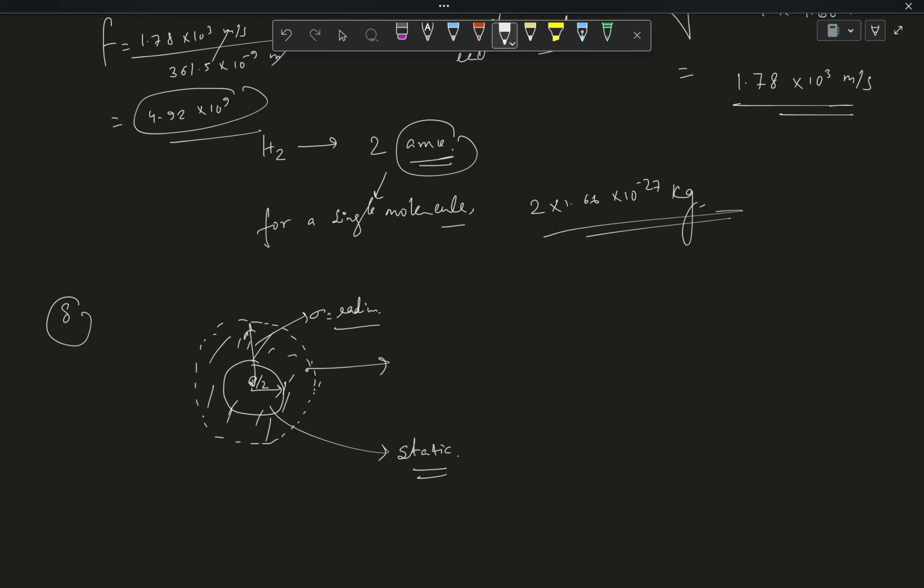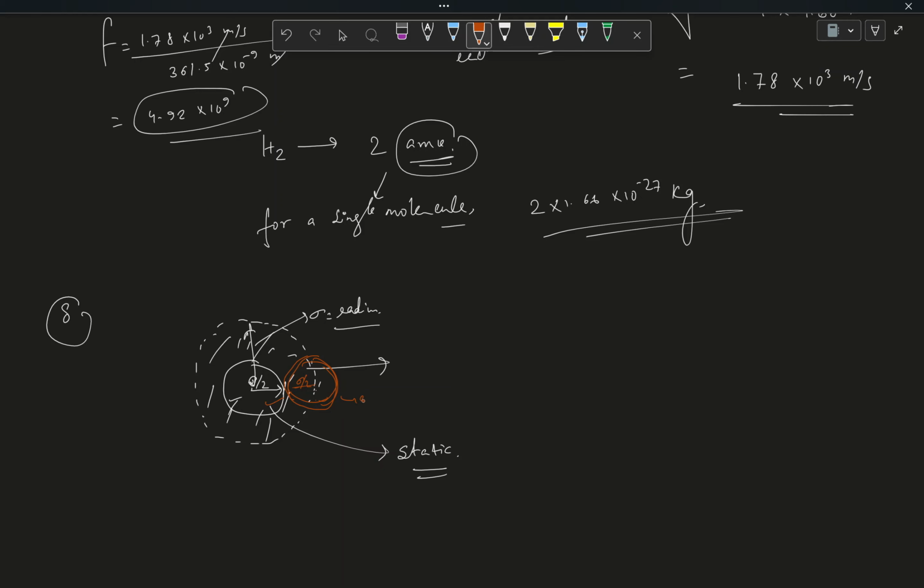Why? Because another molecule of the same size as this one, which is moving, comes here and will just collide at maximum proximity, when they just touch each other's surface, and this distance is also sigma by 2, because sigma by 2 is the radius of the molecules. So if some other molecule comes into that effective cross section area, then that amount of area is the collision cross section of that particular molecule.